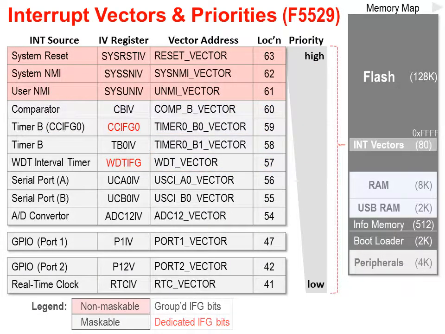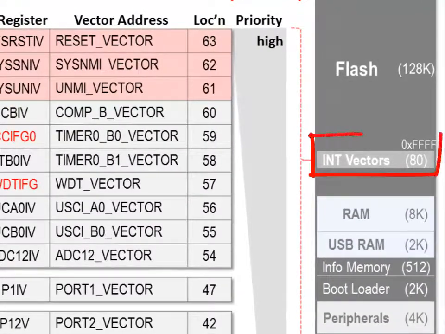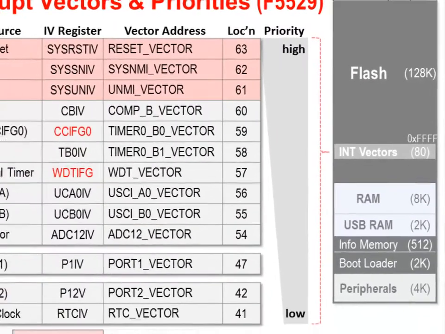The MSP430 devices reserve the range FFFF down to FF80 hex for interrupt vectors. This means that for the F5529, the address for the system reset ISR sits right at FFFF. The remaining interrupt vectors step down in memory from this point. Remember, a 16-bit address requires two 8-bit memory locations. That's why there's two memory locations for each address.